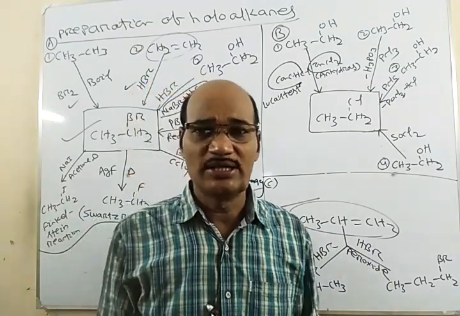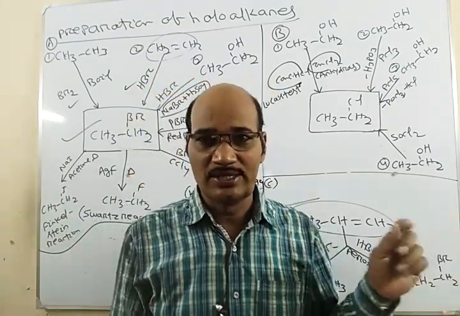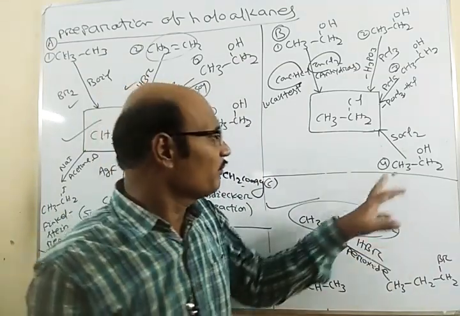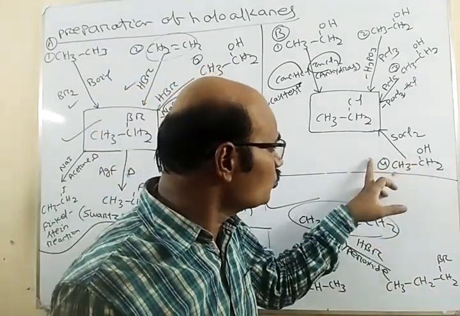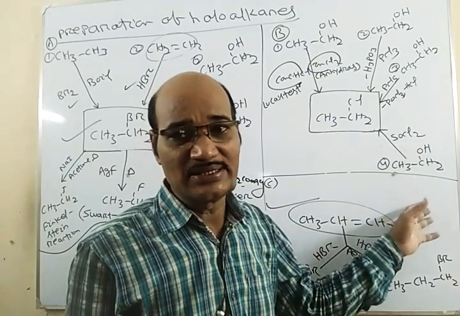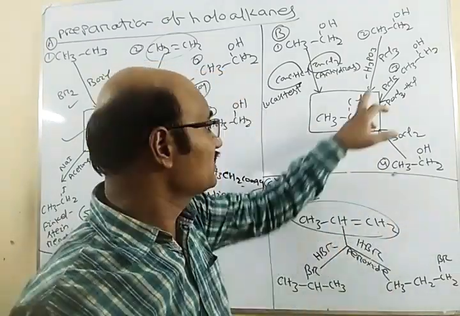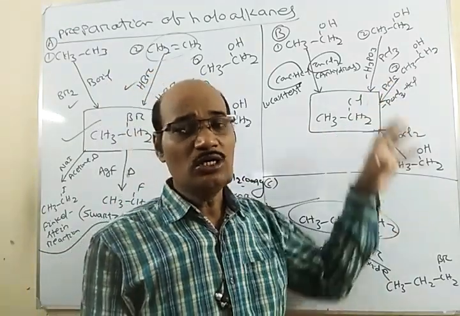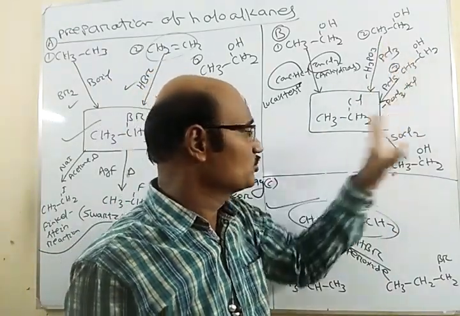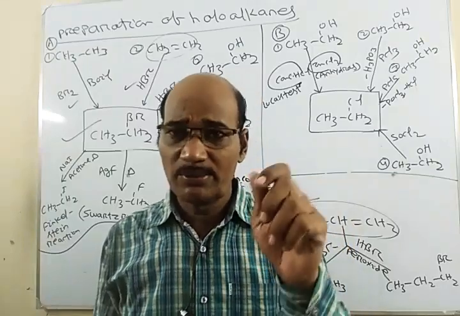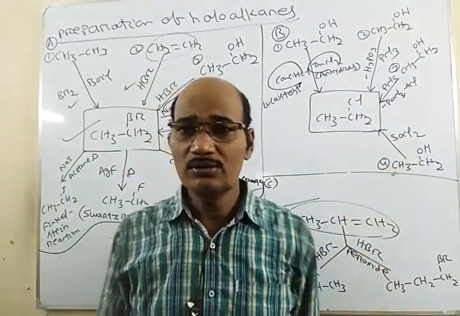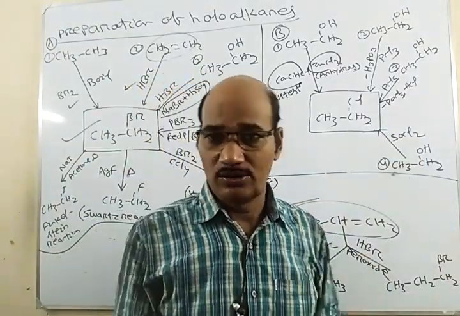The answer is SOCl2, because when I take SOCl2, I get SO2, which is a gas, and HCl. So we can easily get the alkyl chloride, which will be difficult in the case of PCl3 and PCl5.